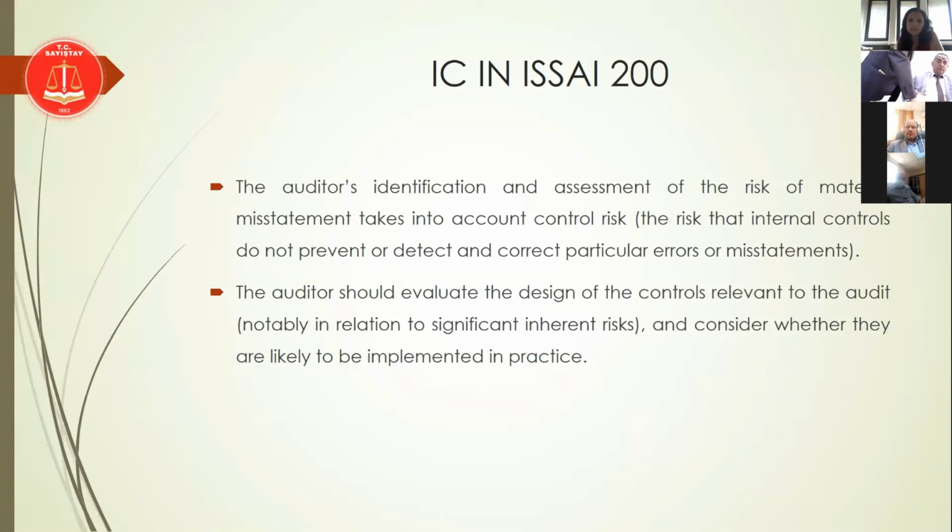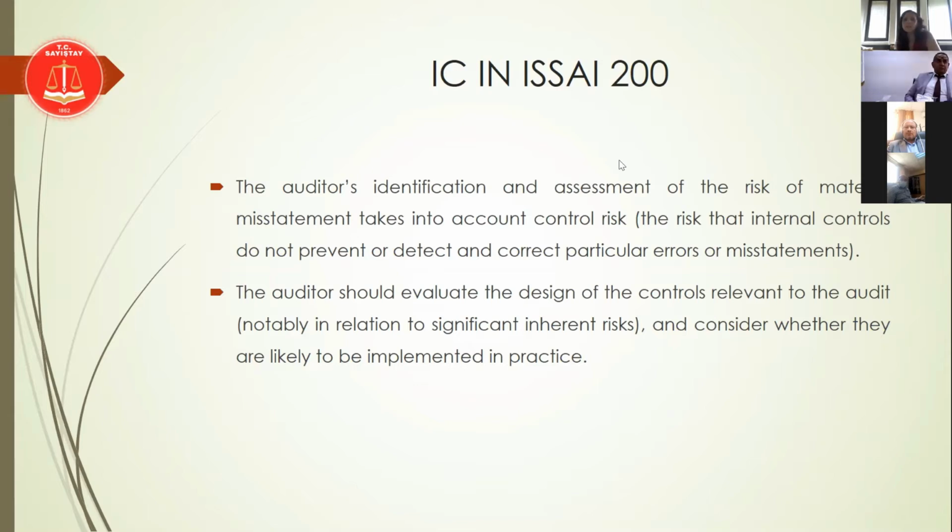Control risk is the risk that internal controls do not prevent or detect and correct particular errors or misstatements. So the auditor shall take these risks into account. And the auditor shall evaluate the design of the controls relevant to the audit and consider whether they are likely to be implemented in practice.